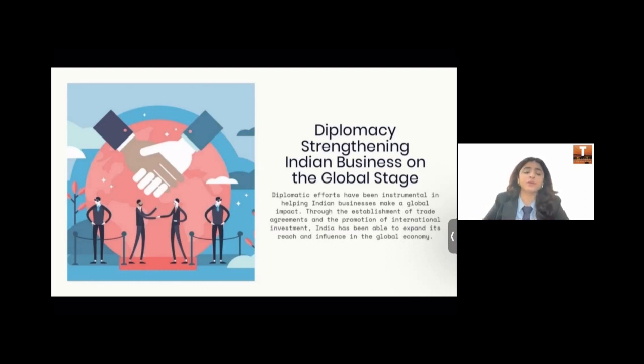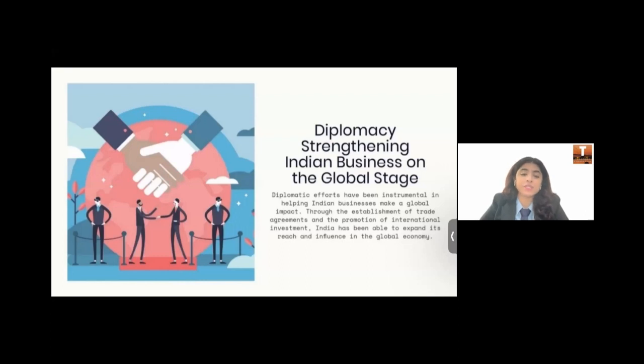Six would be cultural and diplomatic exchanges. Diplomatic engagements, cultural events, and people-to-people exchanges contribute to building trust and understanding and making goodwill between the countries.